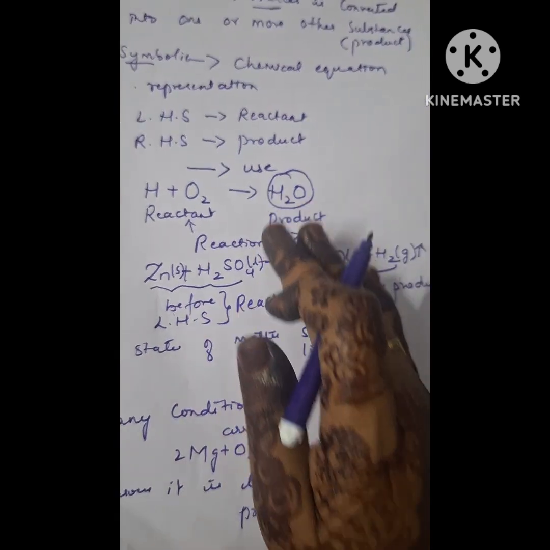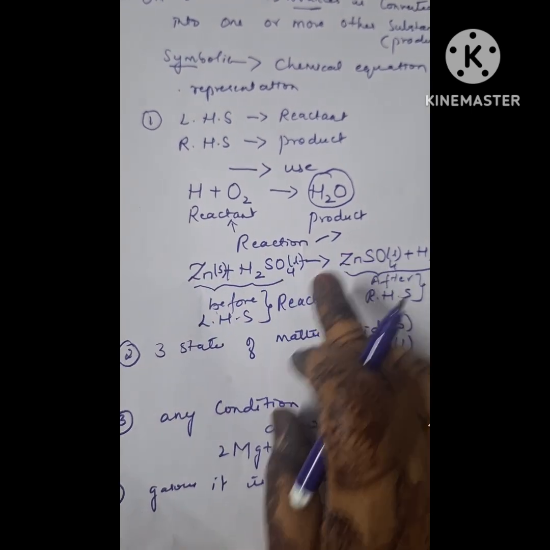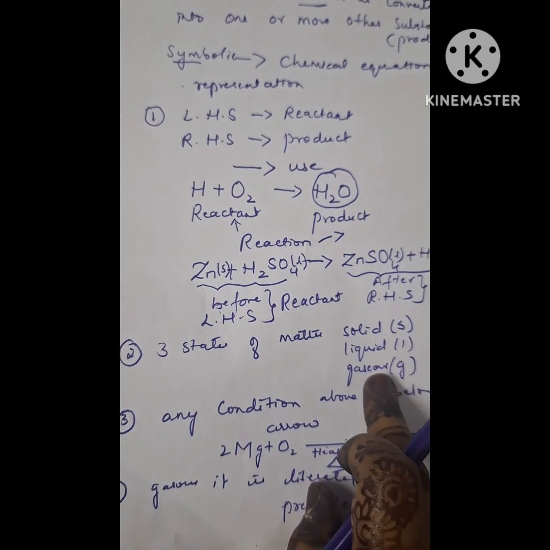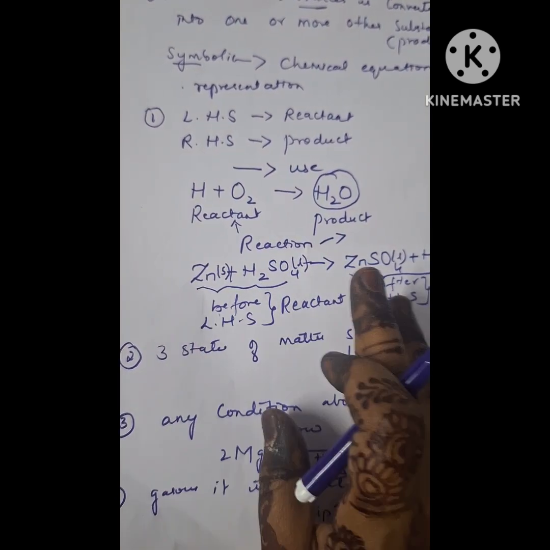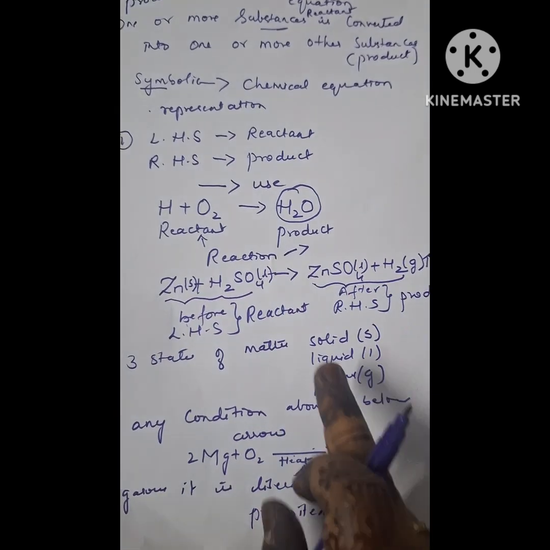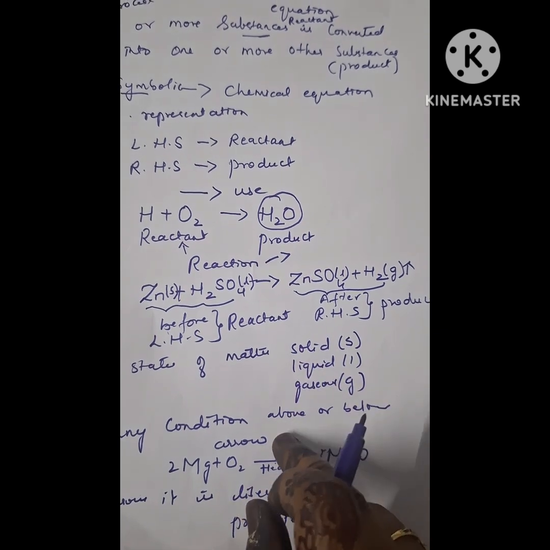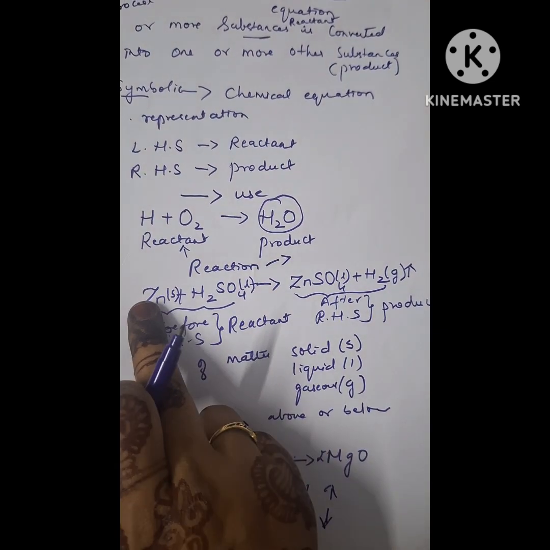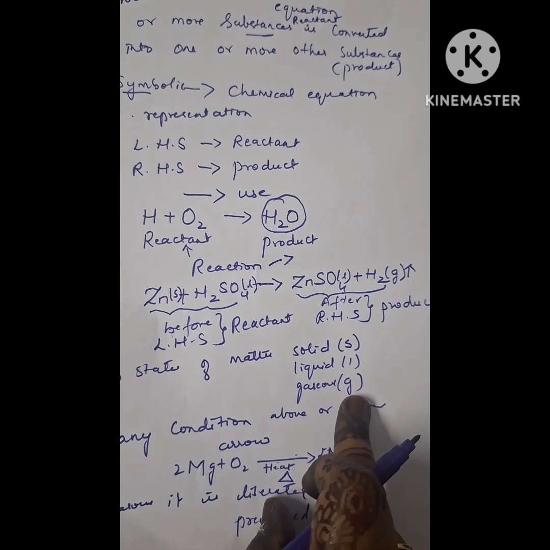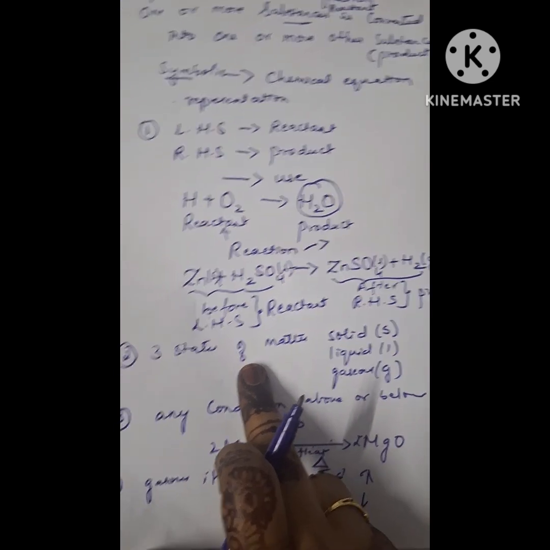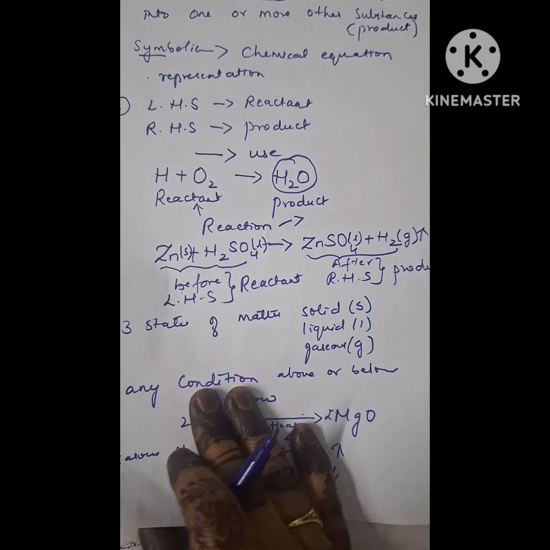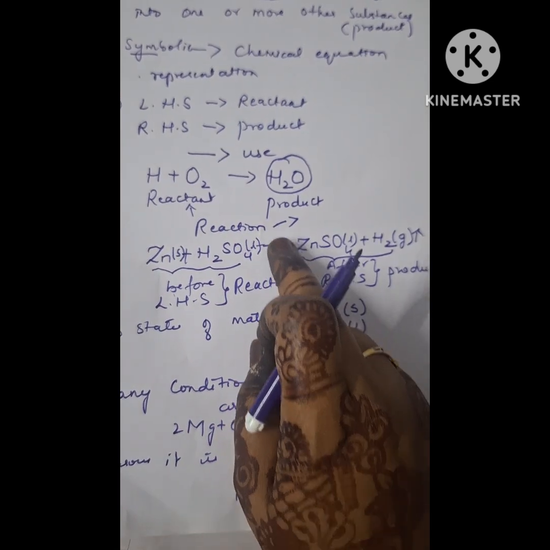Now moving on to next. So second is, we have three states of matter: solid, liquid and gases. So when you write the equation with product and reactant, you need to mention which state of matter they are, whether they are solid like zinc S, sulfuric acid in liquid L, gaseous G. Then last we have any conditions during the reaction, you can write above or below this arrow mark.